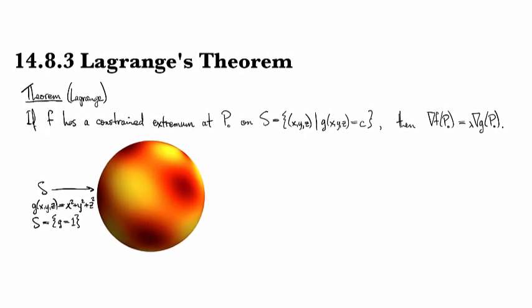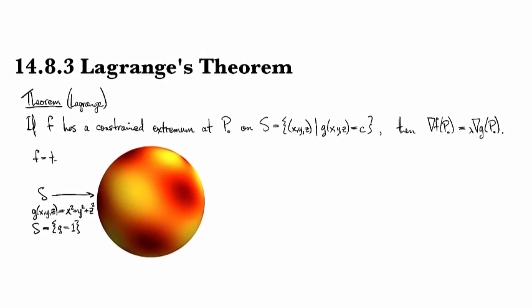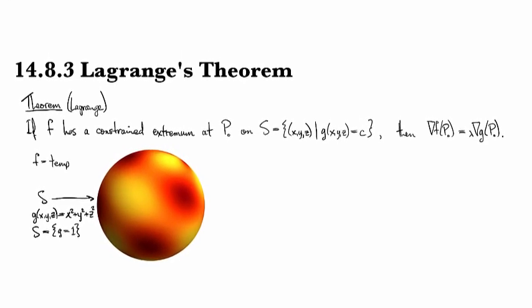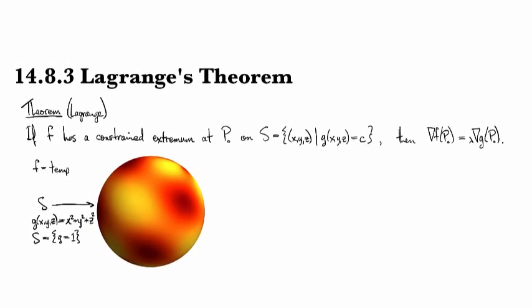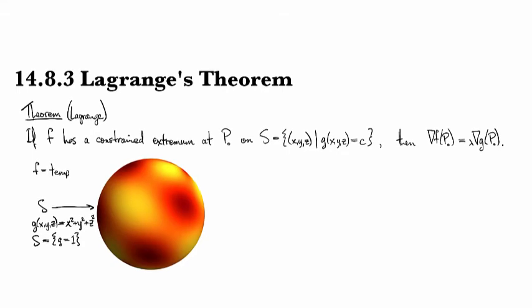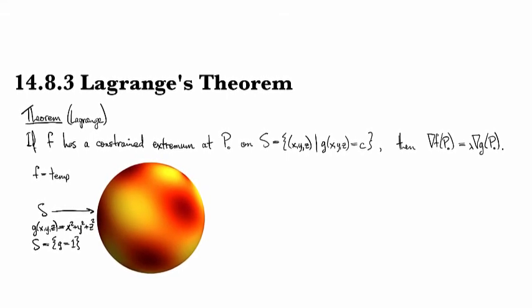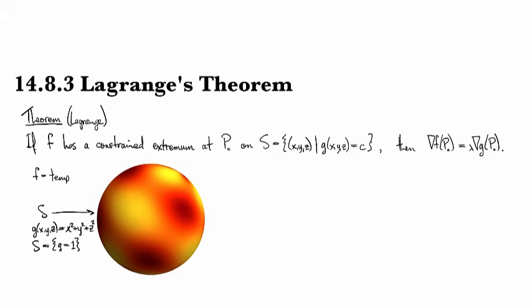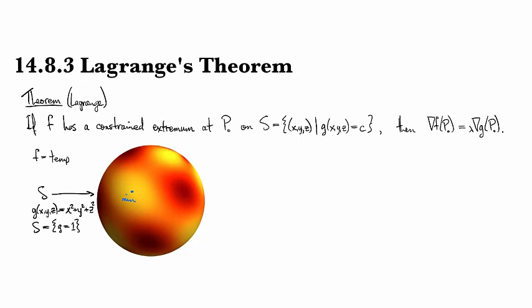The function f that I'm interested in is the temperature at a given point in space. So there's temperature all over the place, but for this example, I'm just restricting to the surface of the sphere. I've colored it accordingly, and with my color scheme, we've got minima happening where it's yellow, and maxima happening where it's dark red.